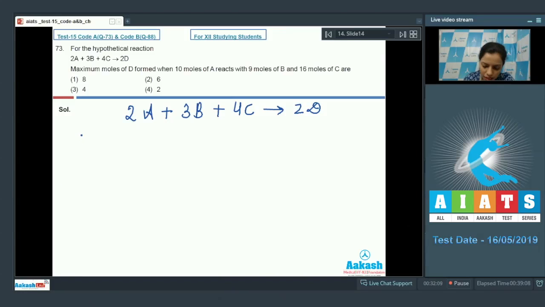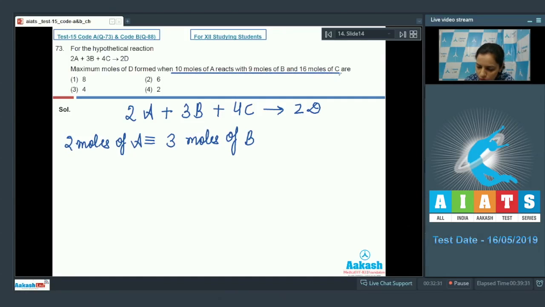2D. In this case, it's clearly written that 2 moles of A, on the basis of stoichiometry I'm just writing, 2 moles of A are reacting with 3 moles of B. So among these two, if I just want to find out which is limiting reagent, we have to look at the given data. 10 moles of A, 9 moles of B and 16 moles of C. So in this case, 2 moles of A reacting with 3 moles of B. So if you have 10 moles of A, then as per stoichiometry, as per question, how many moles of B are required here?